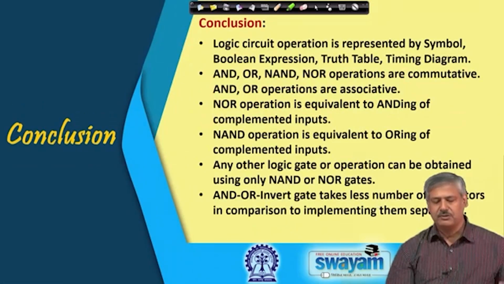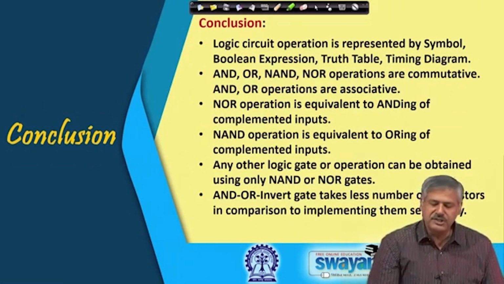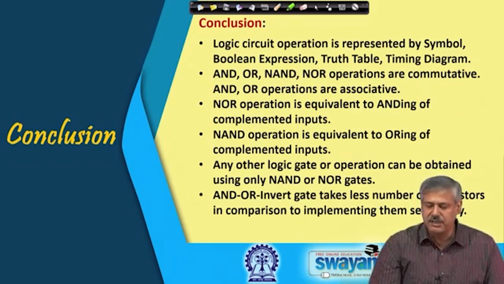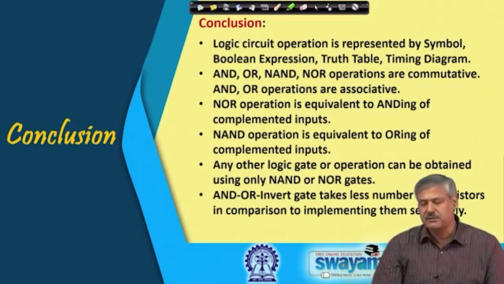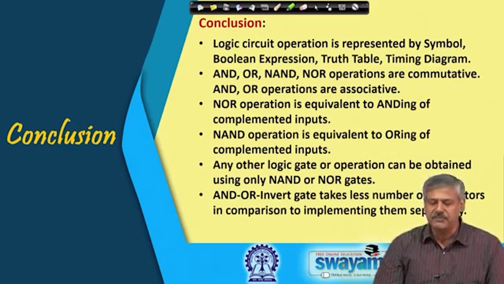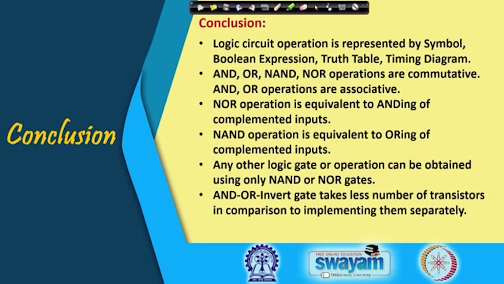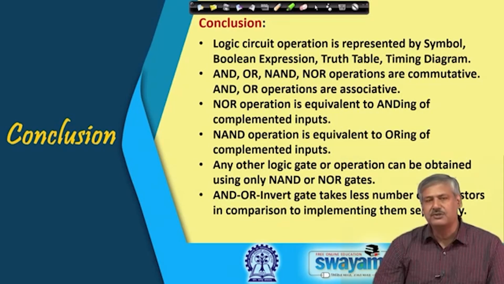And so, to conclude, the logic circuit operation can be represented by symbol, Boolean expression, truth table, timing diagram. We have seen that. AND, OR, NAND, NOR operations are commutative, but AND and OR operations are associative. The corresponding NAND and NOR are not associative, which we shall discuss more later on.